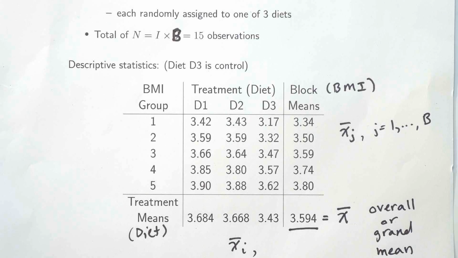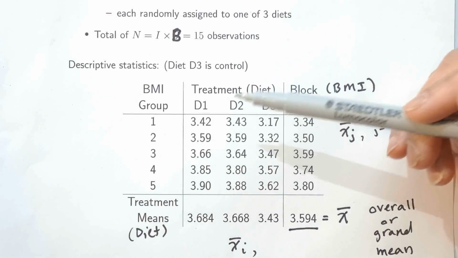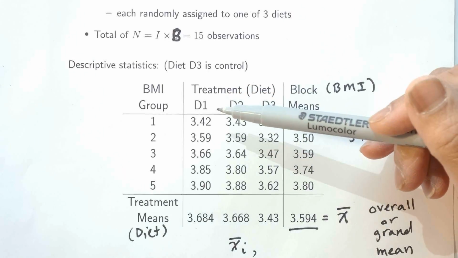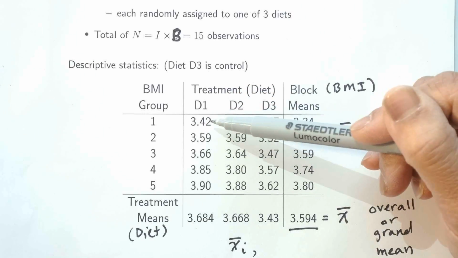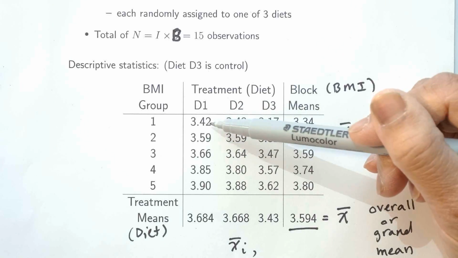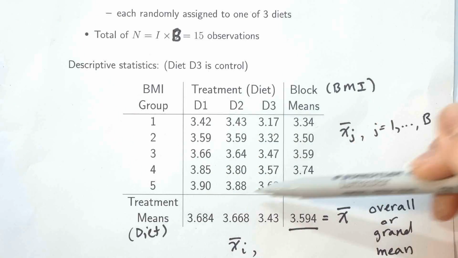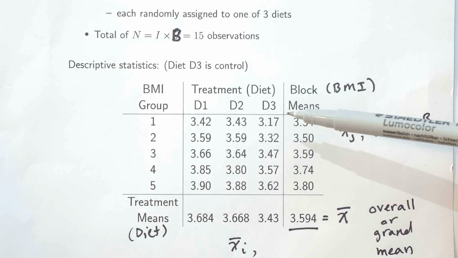So last day we were talking about the diet on male weight reduction example, and we had this table here. Now, I believe I had mentioned before that inside we have our means. What we have to realize is, though, because this is a randomized complete block design, there's only one observation per cell and 15 observations in total for this example.